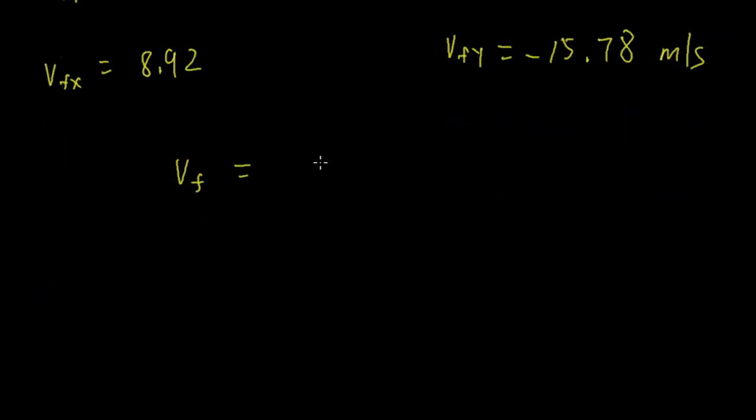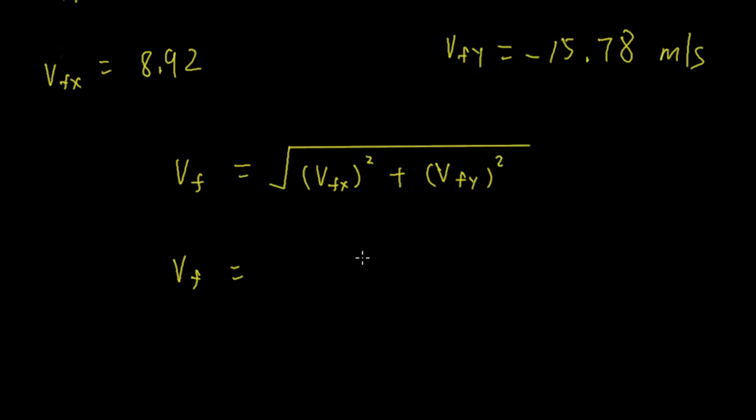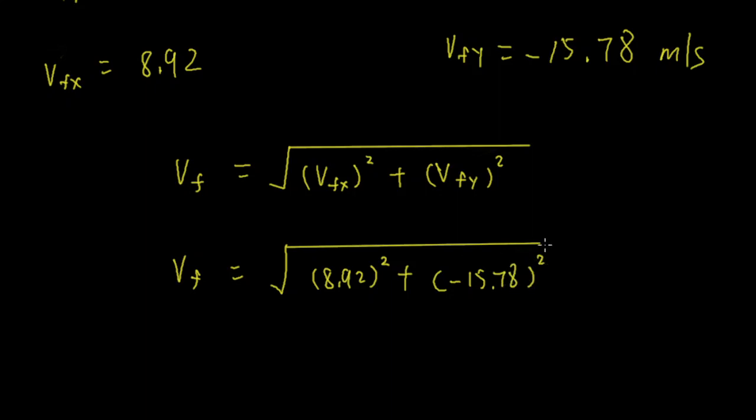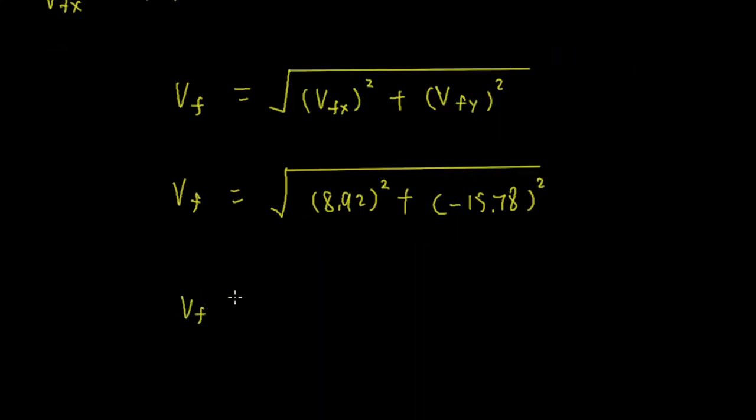Okay, so V final is equal to the square root of V final x squared plus V final y squared. V final x is 8.92, squared, plus V final y, negative 15.78, squared.